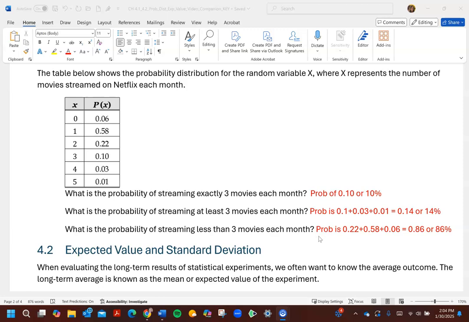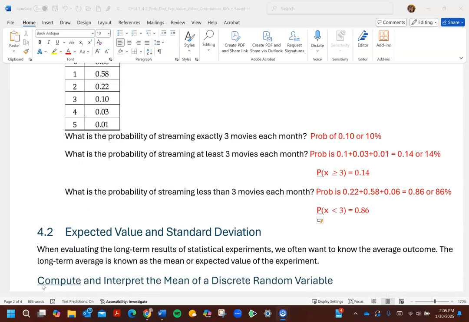The notation on that sometimes looks a little different, so I'm going to write what it would look like more symbolically underneath each one. The probability of x being greater than or equal to 3, at least 3, is 0.14, and the probability of x being less than 3 is 0.86. You put that in parentheses using the inequality symbol.